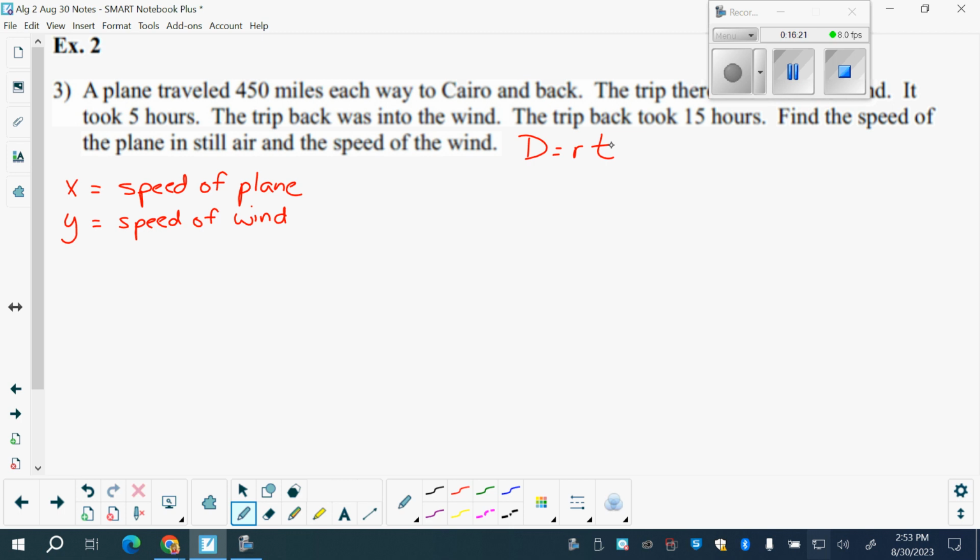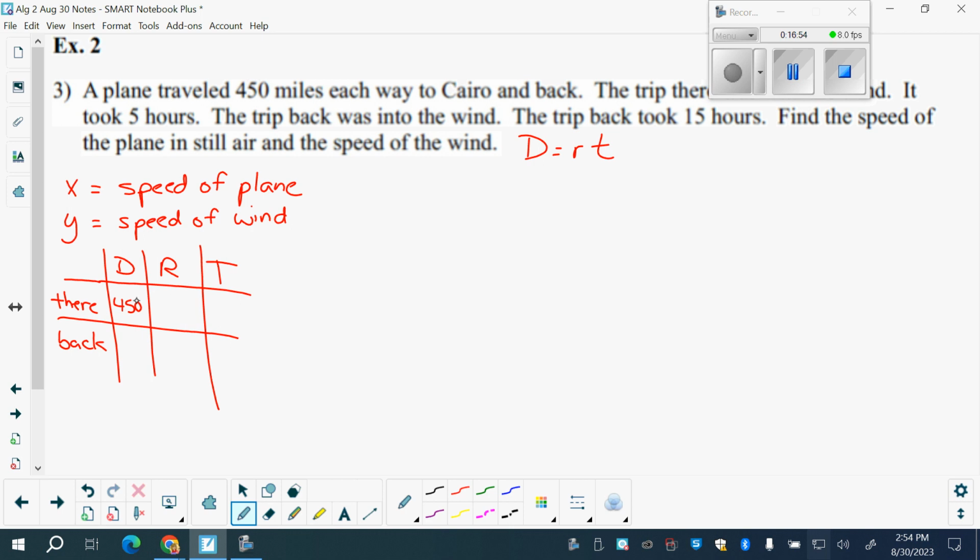Okay, so we're going to make a table. In our table, we're going to have distance, rate, and time. And then we've got two different ways we're approaching it. We're going there, and then we're going back. What is the distance there? 450, yep.